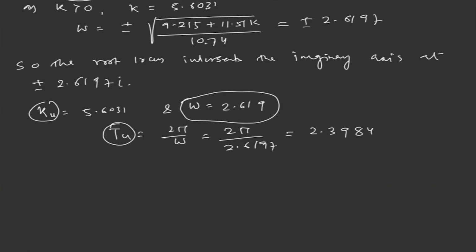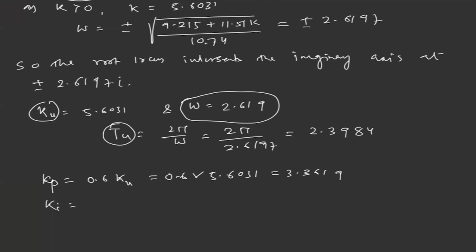Ziegler-Nichols rule. So we can find Kp, the proportional gain, which is 0.6 Ku, that is 0.6 into 5.6031. So this value comes to 3.3619.